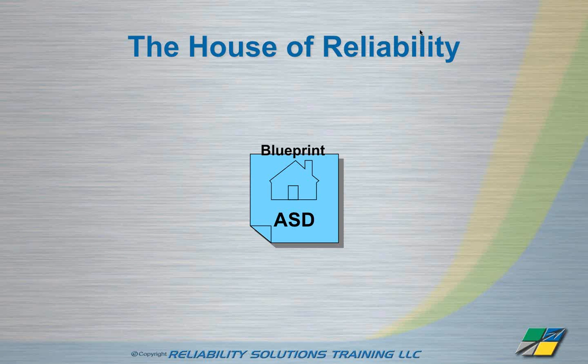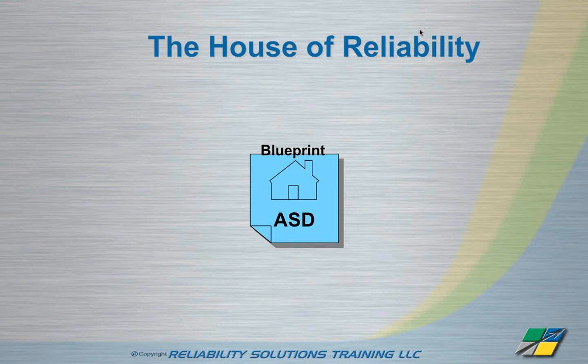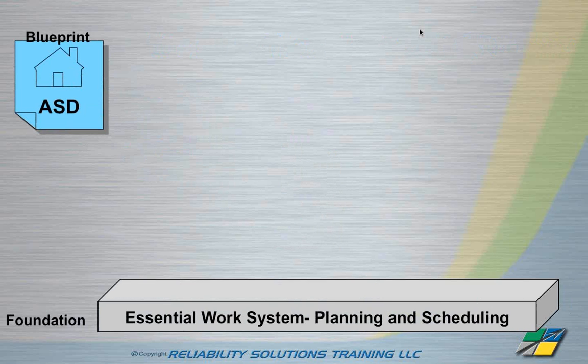And I'll come and talk about each of these events and each of these things in a minute. But ASD is really the format that we use to develop the right strategies for the particular assets and systems involved. But of course, a foundational element is work systems.